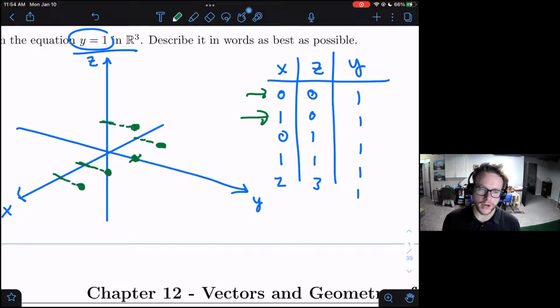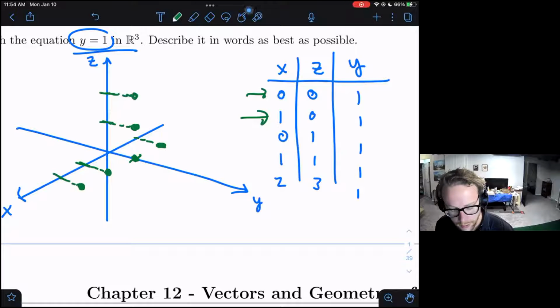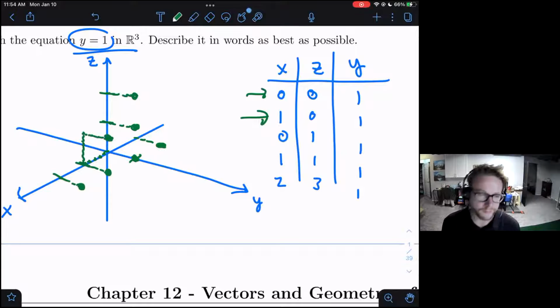So in my y direction, I have to move out 1. But also z could be equal to 2, so long as y is equal to 1. We could also have x and z both being 1. So if I go 1 out in my x, 1 up in my z, so long as y is equal to 1, that's perfectly fine.